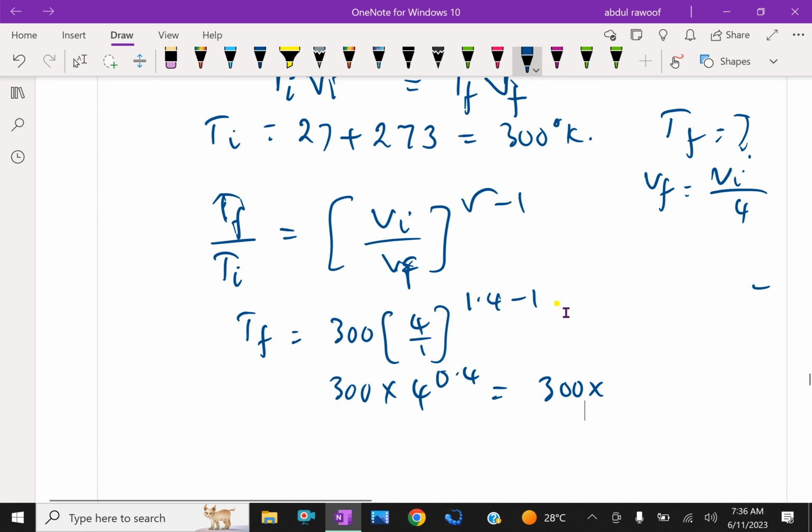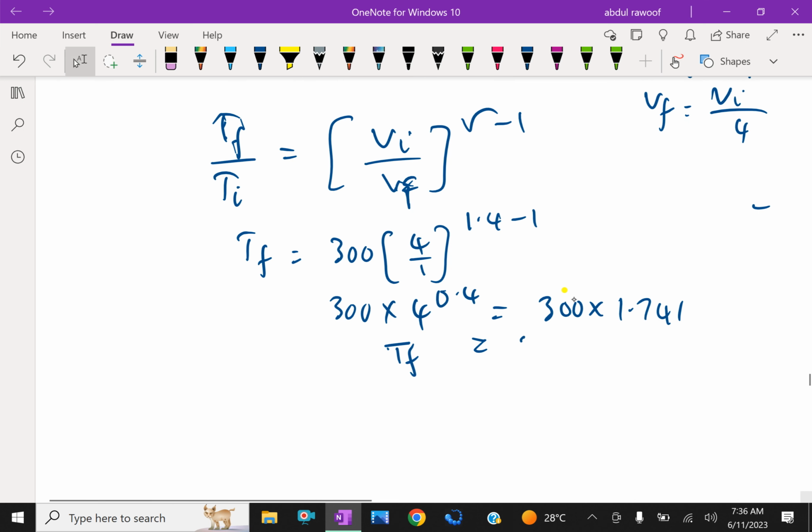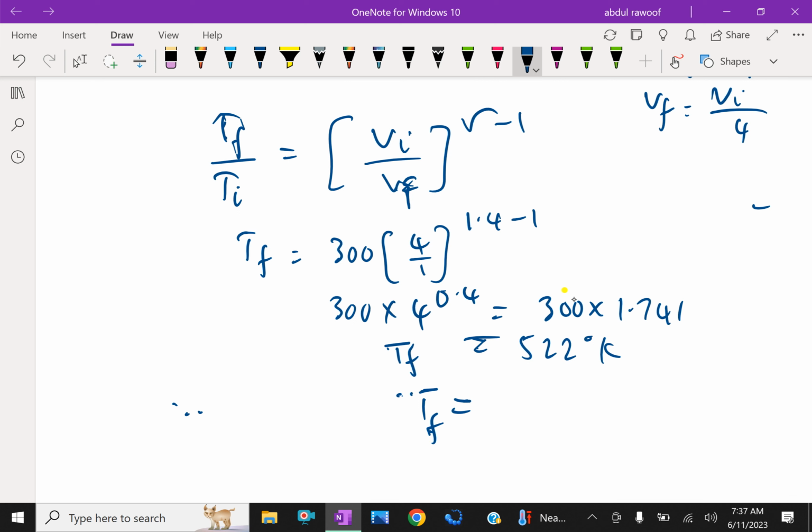Calculating this value, 4 to the power 0.4 is 1.741. After calculating, T final equals 522 Kelvin, which is 522 minus 273, equal to 249 degrees Celsius.